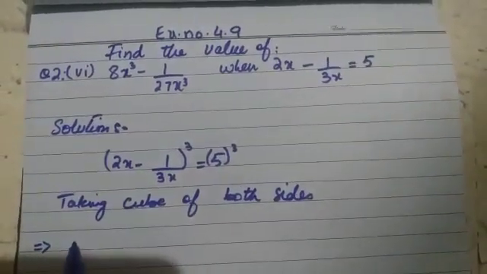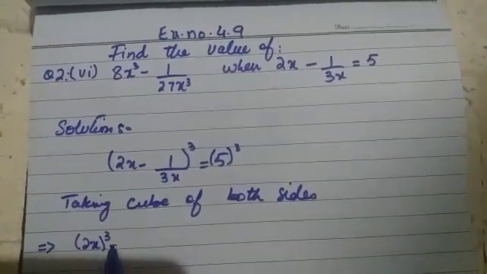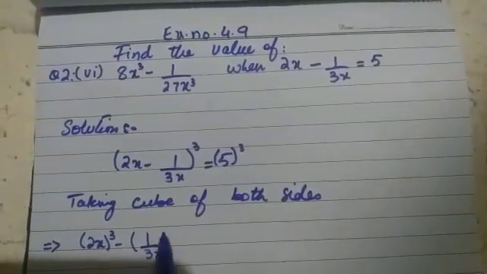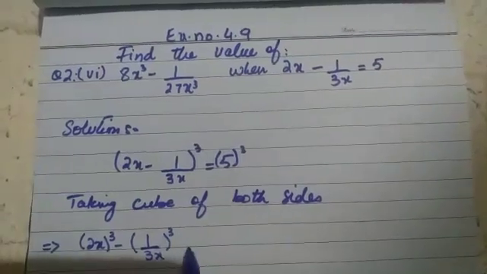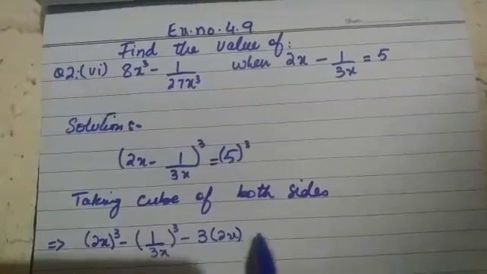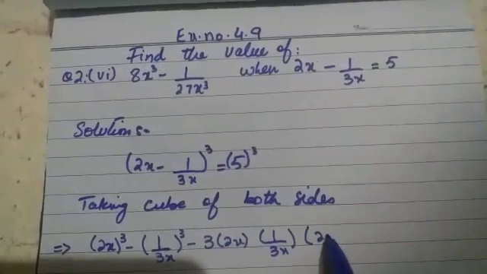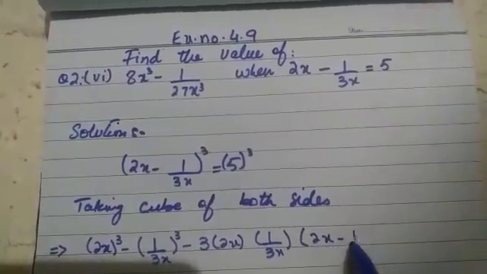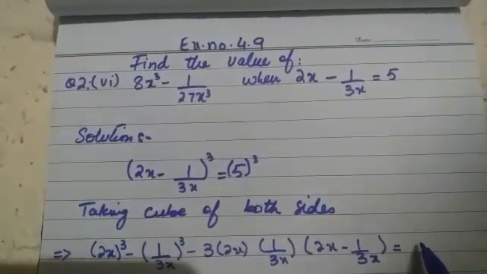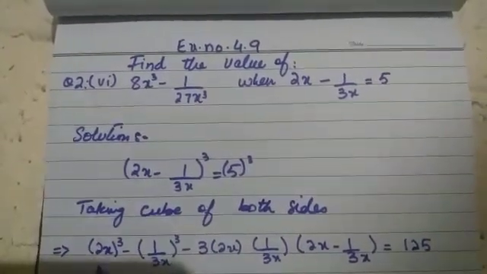As you are aware of the formula, in this question we directly expand the expression: 2x minus 1 upon 3x whole cube minus 3 times 2x 1 upon 3x, and then for a minus b we take 2x minus 1 upon 3x is equal to 5. 5 5s are 25 and 25 5s are 125.